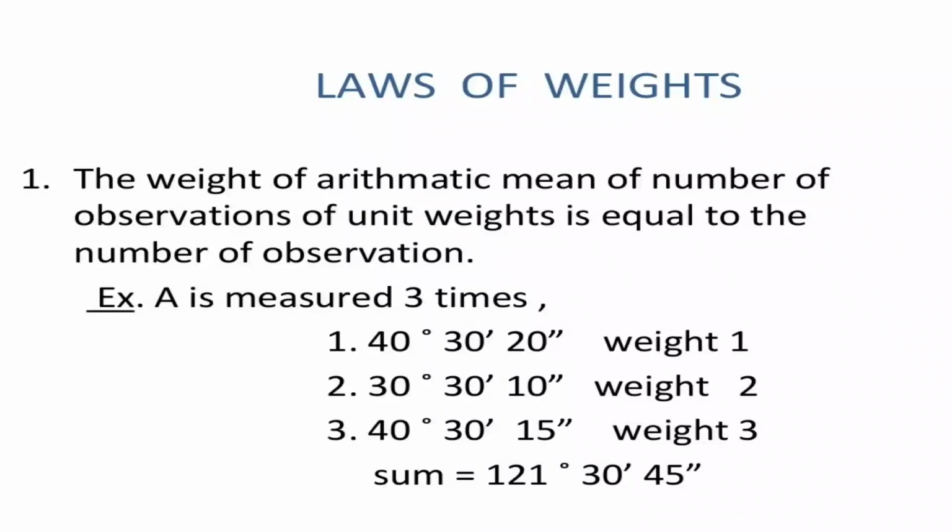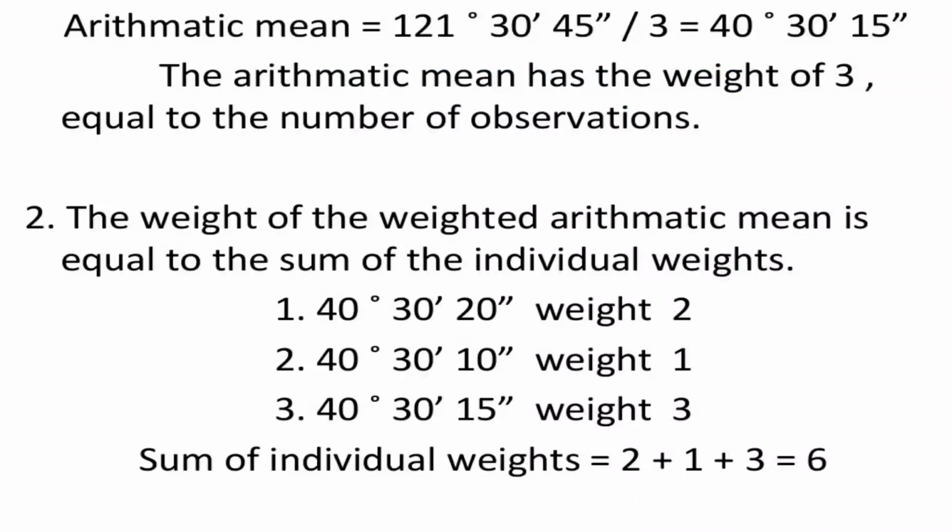The sum of these values is 121 degrees 30 minutes 45 seconds. Then the arithmetic mean is 121 degrees 30 minutes 45 seconds divided by the number of observations, 3, which gives the mean value of 40 degrees 30 minutes 15 seconds. The arithmetic mean has the weight of 3, equal to the number of observations.